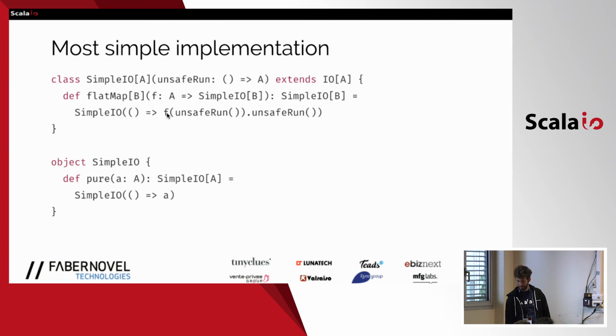And then we apply our f. So this returns a SimpleIO of B, and then we unsafeRun it.